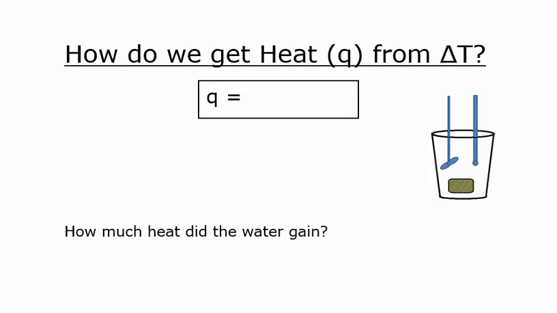But they are related through this equation, where Q, the heat, equals S, the specific heat, times M times delta T. Okay, so Q is the heat, S is your heat capacity for a substance, M is the mass of that substance, and delta T is the change in temperature of that substance.